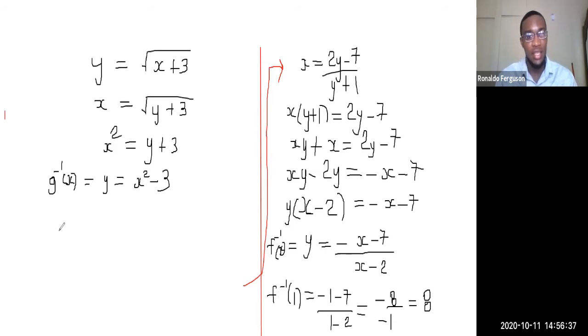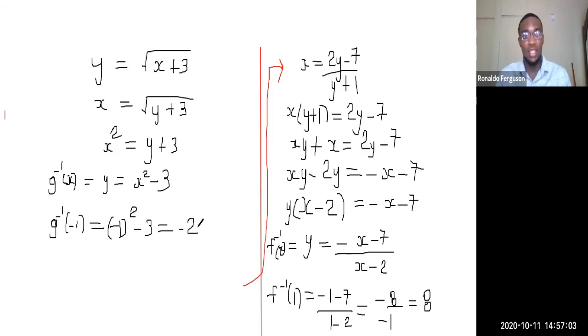And so what we can then say is that g inverse of negative 1 is going to be equal to negative 1 squared minus 3. And negative 1 squared is 1, and 1 minus 3 is negative 2. And so that gives us g inverse of negative 1. Easy questions.